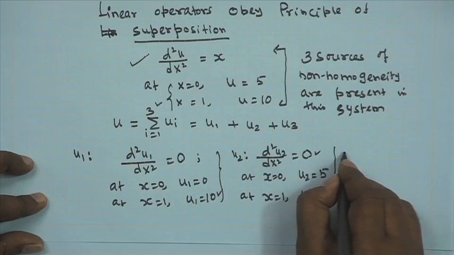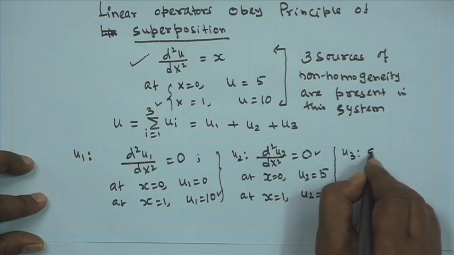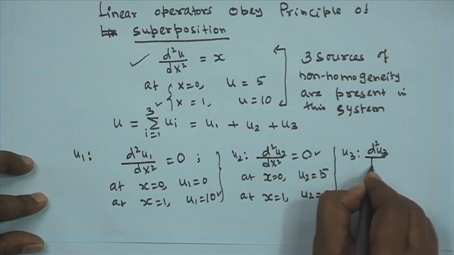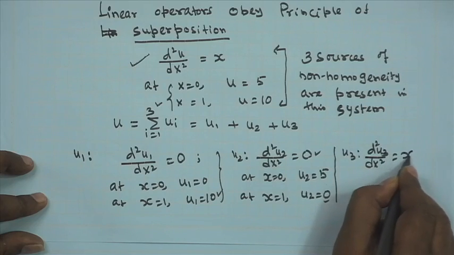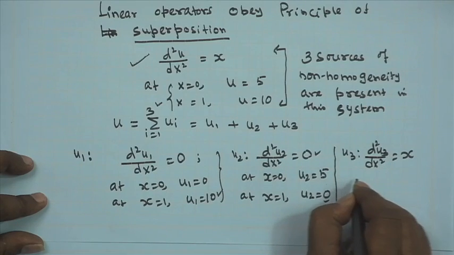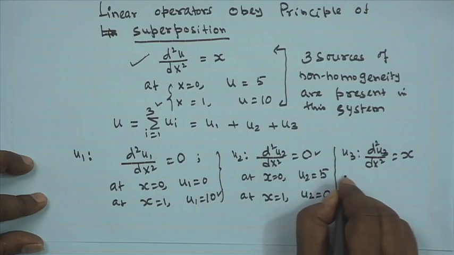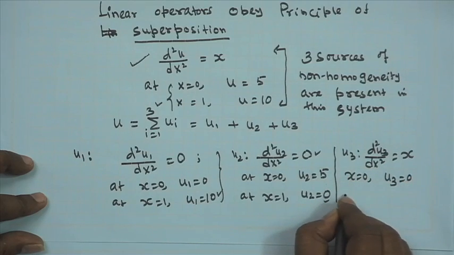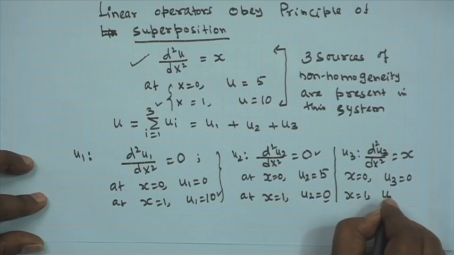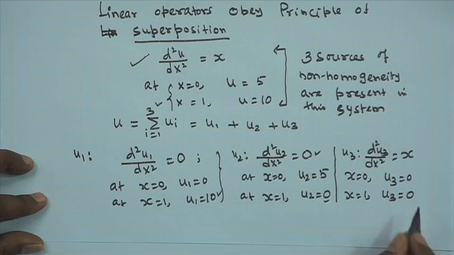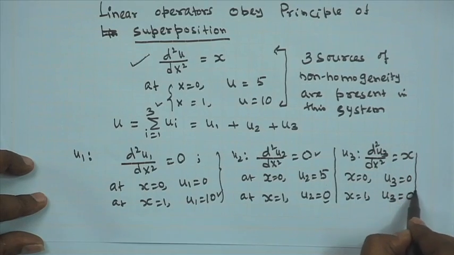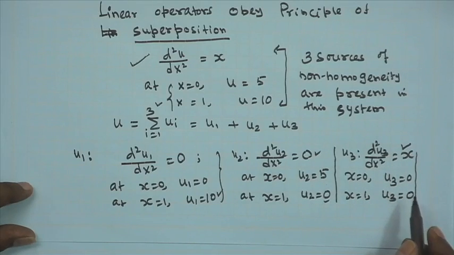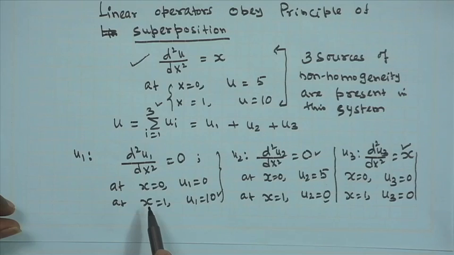Similarly, u3: d squared u3/dx squared will be equal to x, and I force the two boundary non-homogeneities to vanish. So, at x equal to 0, u3 is equal to 0, and at x equal to 1, u3 is equal to 0. Here I keep the non-homogeneity in the governing equation intact.